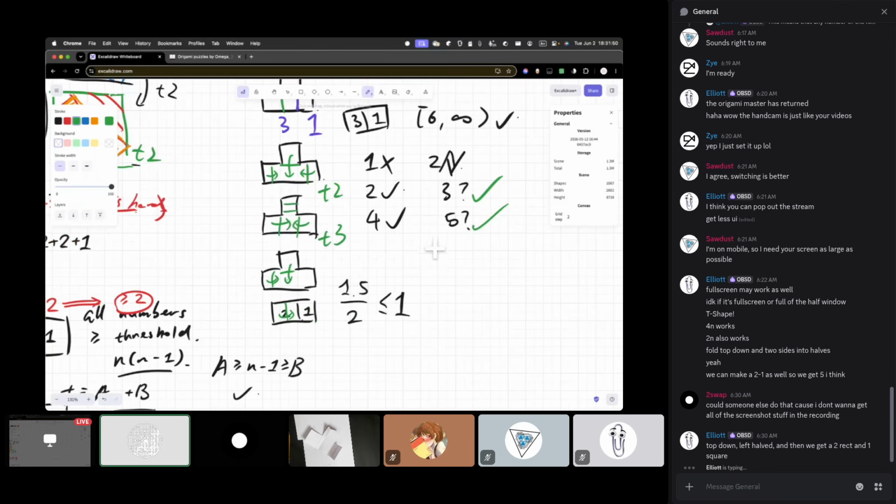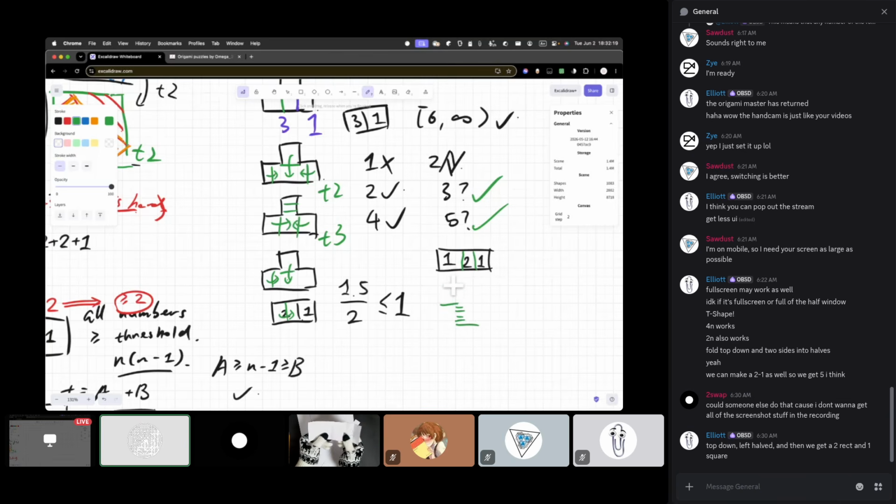The solution being that if I have a 1-2-1, then I can fold it such that I fold the 2 in half and I fold the 1 out. So I have 1 and then 2 and then 2 backwards and then 1.